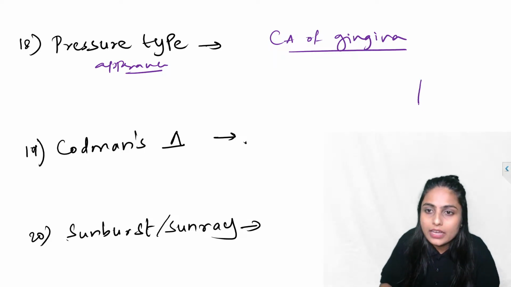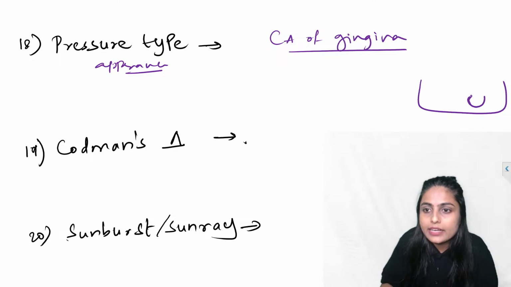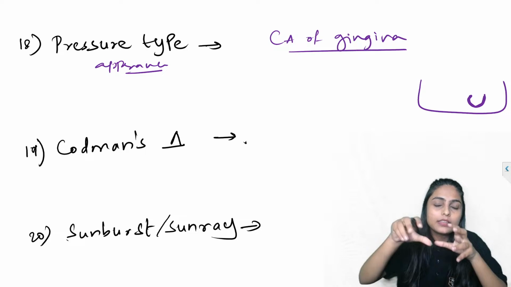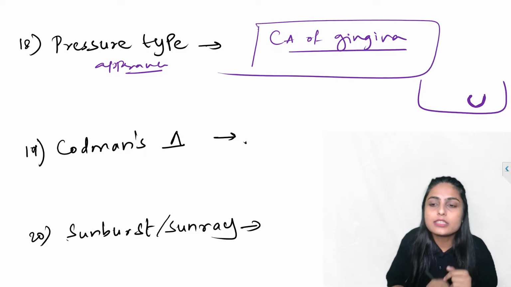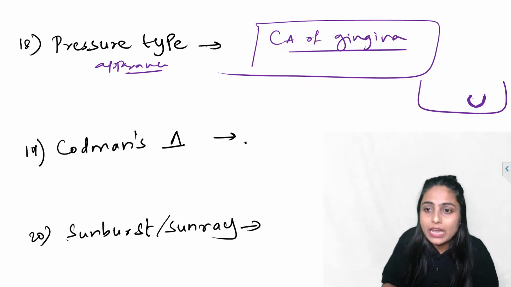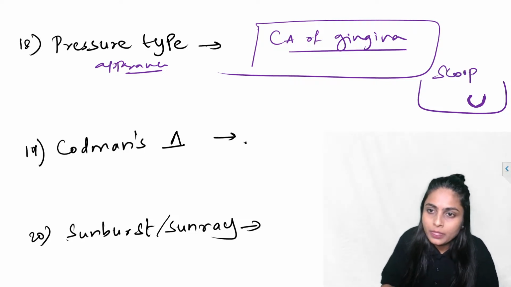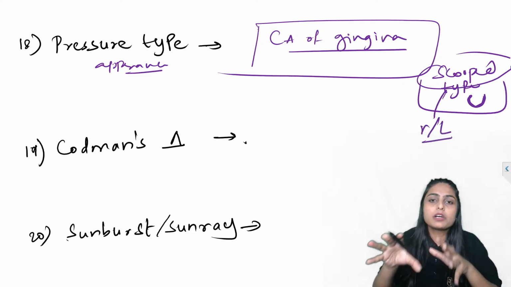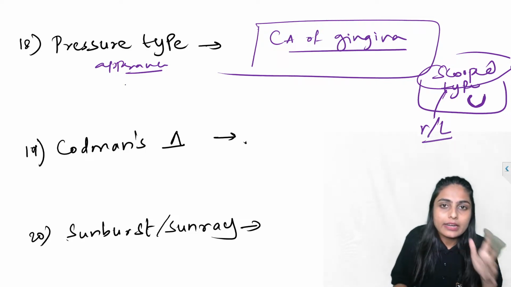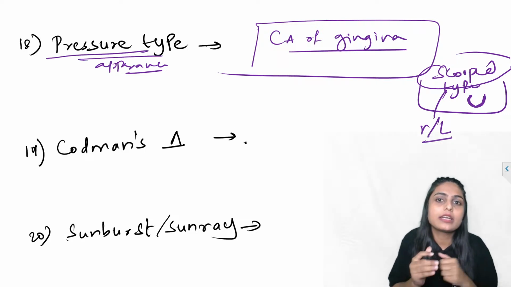In the radiograph you see a scoop-like radiolucent area. That is called pressure type appearance. I have just used the word scoop for understanding; radiographically it is called pressure type appearance.